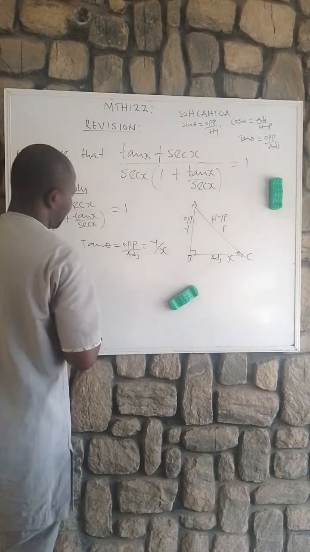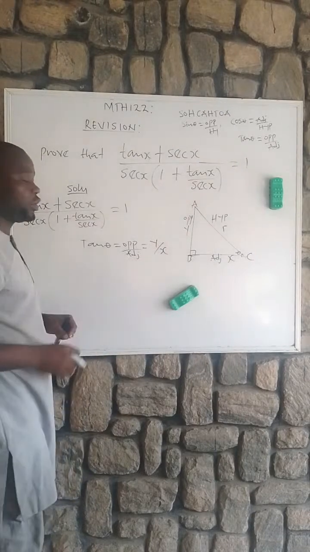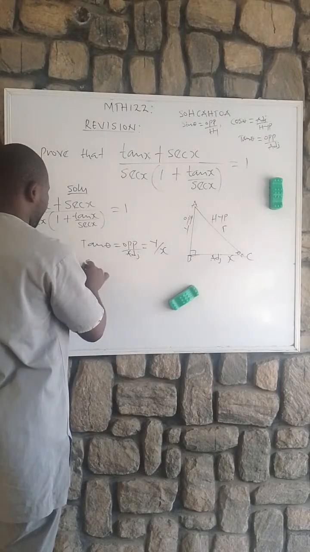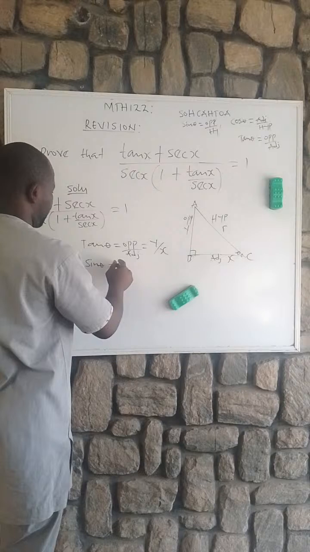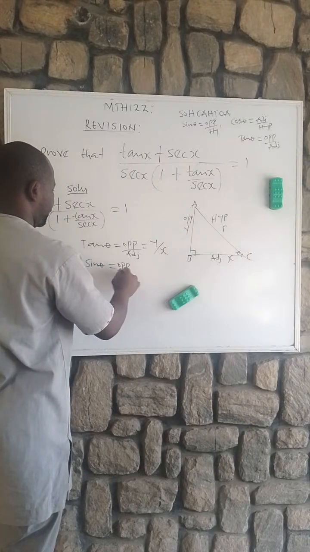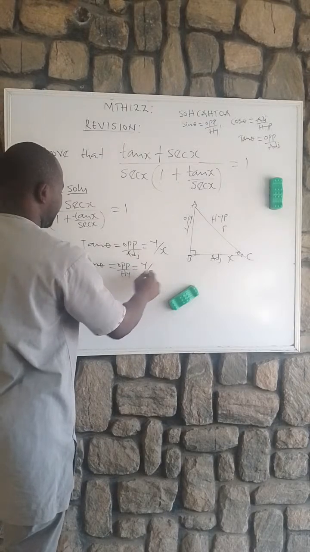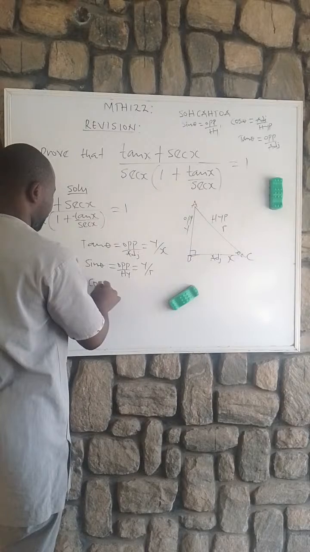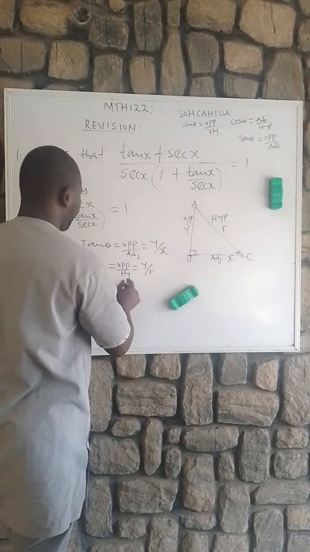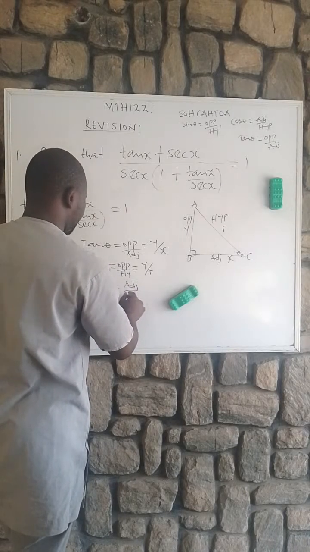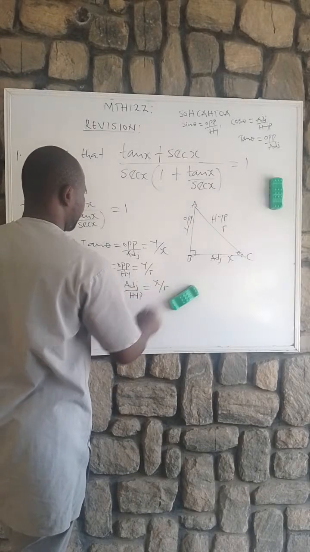Then if you look at this diagram using SOHCAHTOA, we know that sin theta is equals to opposite all over hypotenuse, which is equals to y all over r, right? And cos theta is equals to adjacent all over hypotenuse, which is x all over r.